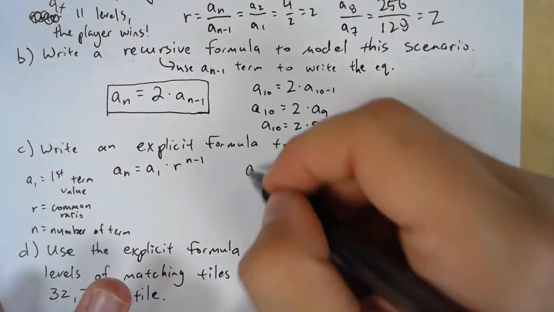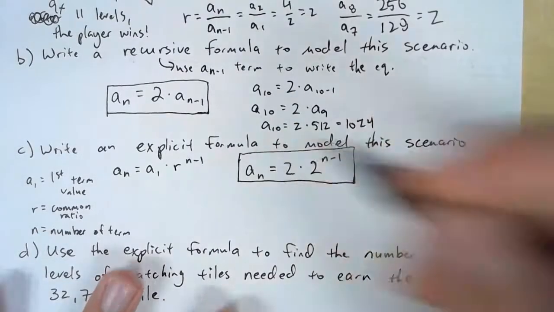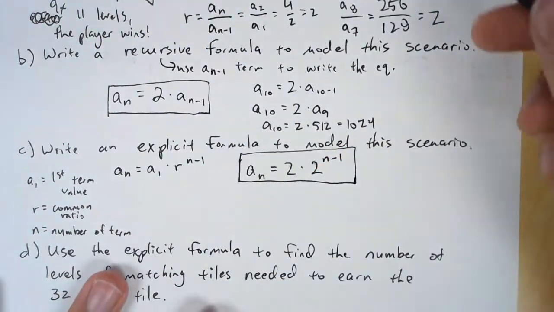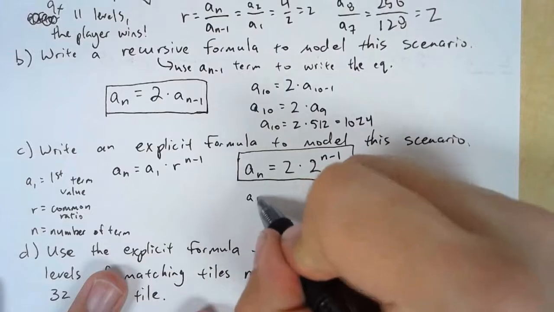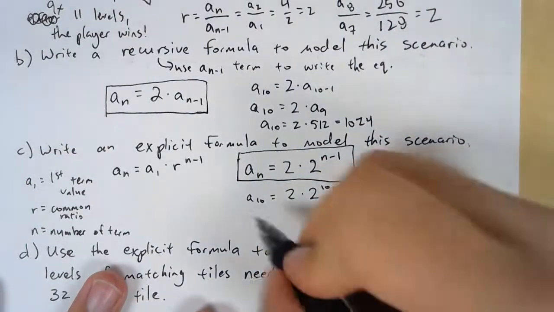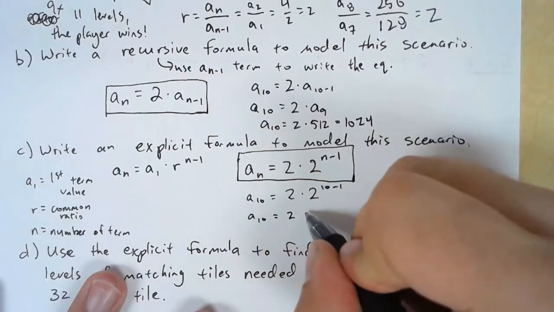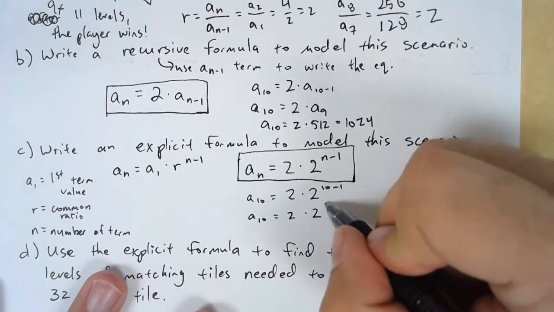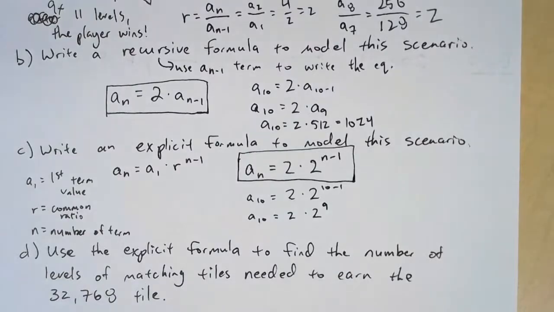We could check this just by plugging something in. So let's plug in 10 again, why not? a sub 10 equals 2 times 2 to the 10 minus 1 power, so a sub 10 equals 2 times 2 to the 9th power. I'm just going to plug this in my calculator at this point.